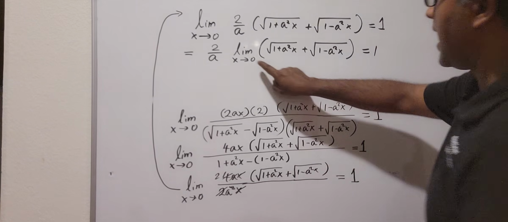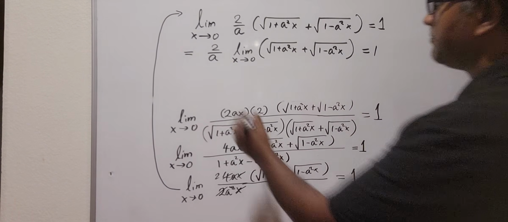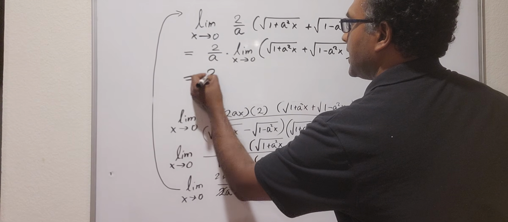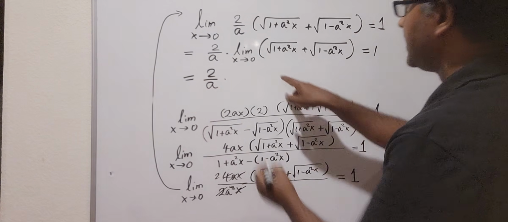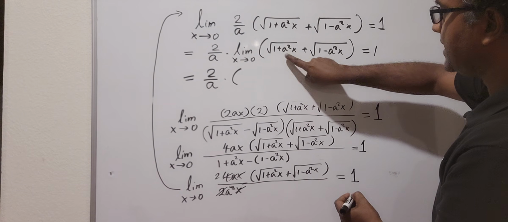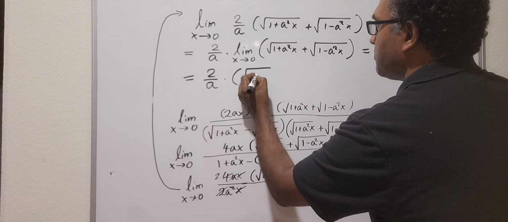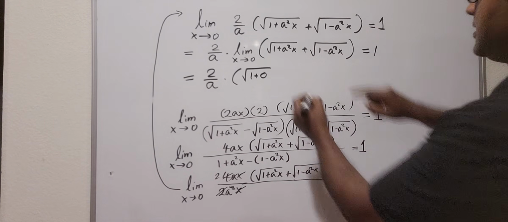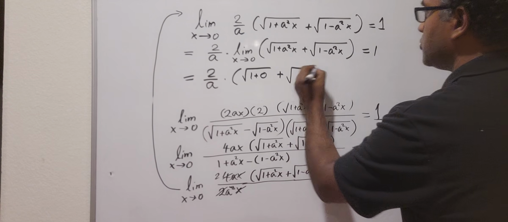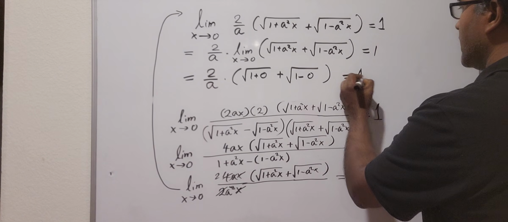Okay, I'm going to erase another line. And then here I'll now apply x goes to 0. On this side I'll have 2 over a, and then inside the parentheses, when x goes to 0, this entire term becomes 0. So I'll just have square root 1 plus 0, plus square root 1 minus 0, and that's equal to 1.